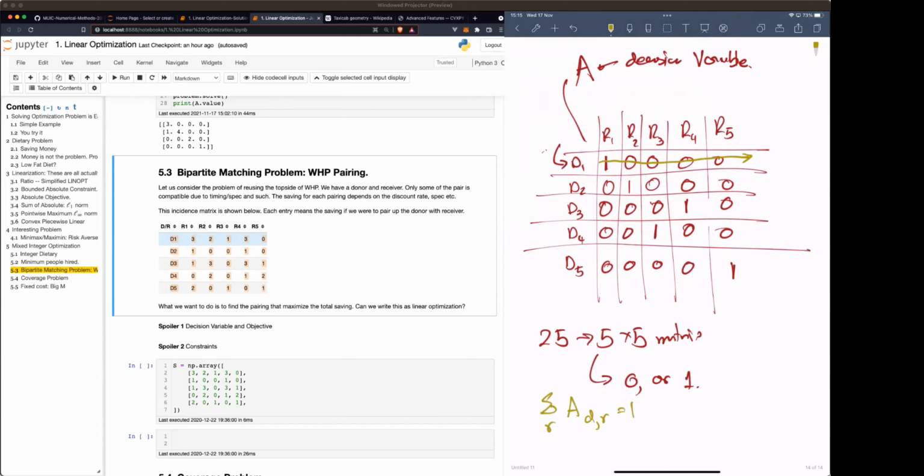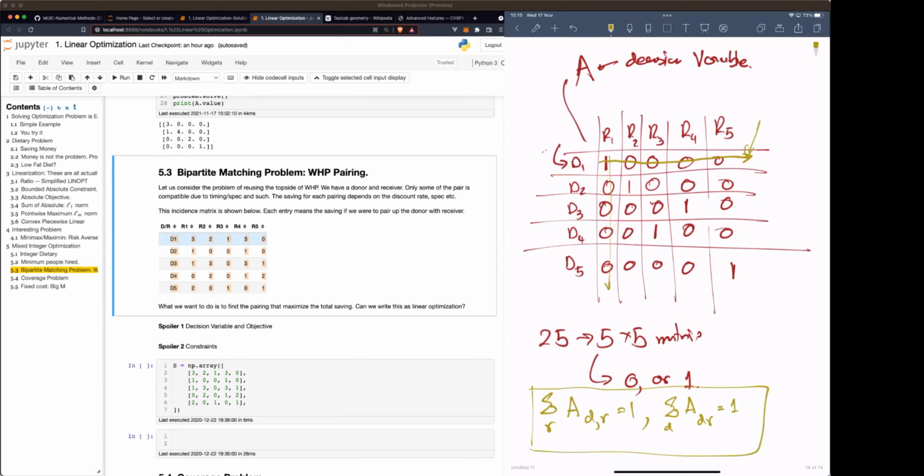And the same idea, that you can only receive one liver from people, so you want to make sure the sum over D of A_DR is 1. Now you constrain that you only have this kind of solution already. Everyone with me so far?